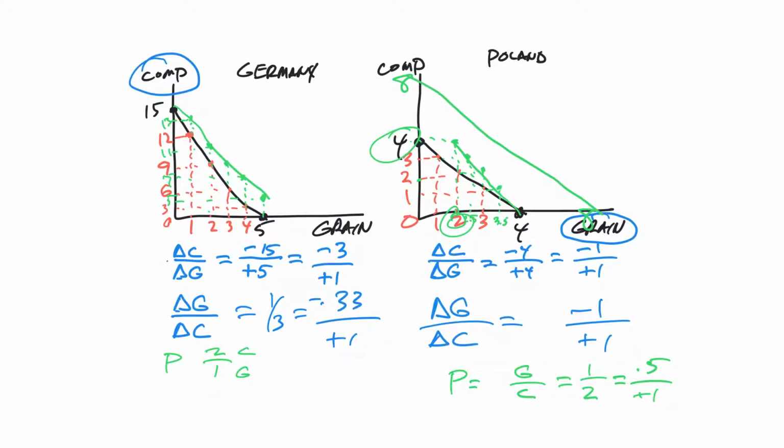Now, what else has changed for Poland? The terms of trade hasn't changed, but something has changed in Poland. They're richer. Okay, they're wealthier. They have more choices. They have more grain to trade away for computers. So this is a look forward to a future chapter in the course.